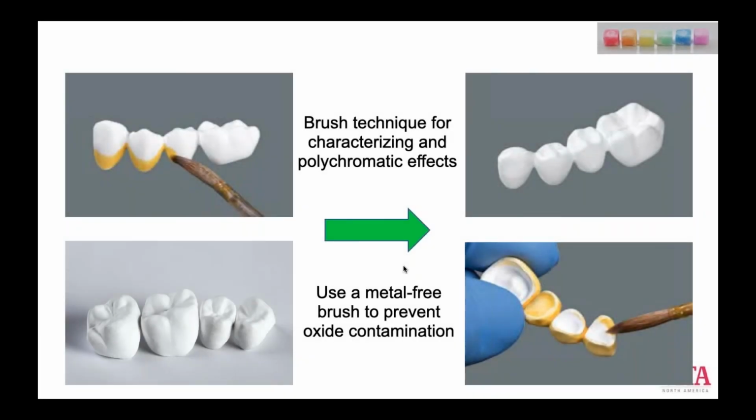You can do a brush, you can use a little darker color in the fossa, all kinds of things that you can do. A lot of labs don't want to do this anymore because it's a pain, but you get better looking results. And again, you have to be careful because no matter what you do, if you go too high in sintering this, you'll burn the color out.